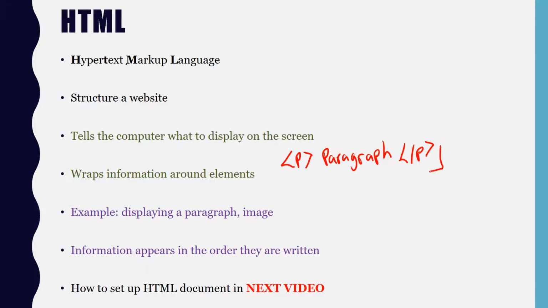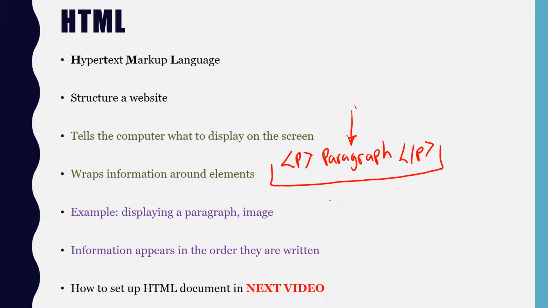This whole thing is the paragraph element, and on the website the computer will display just the word paragraph. That's the only thing it's going to display, not this opening tag here. This P tells the computer, hey, display the word paragraph as a paragraph.